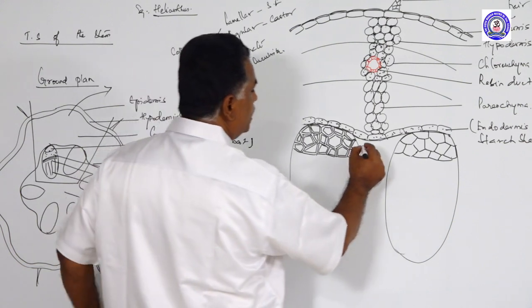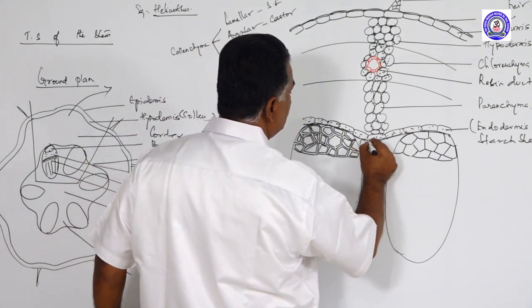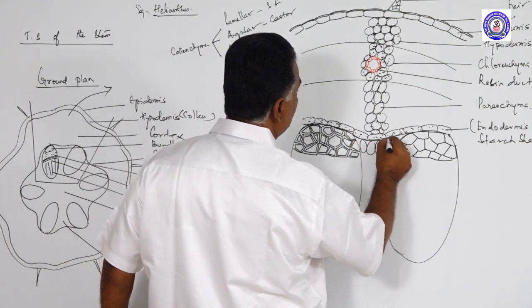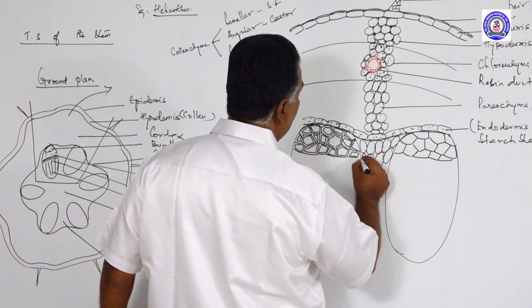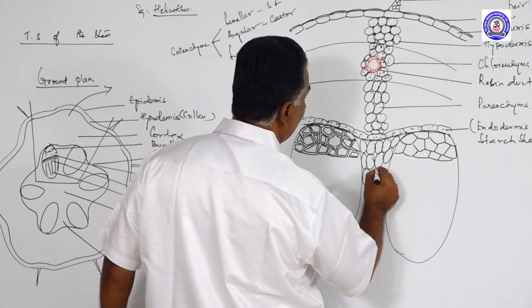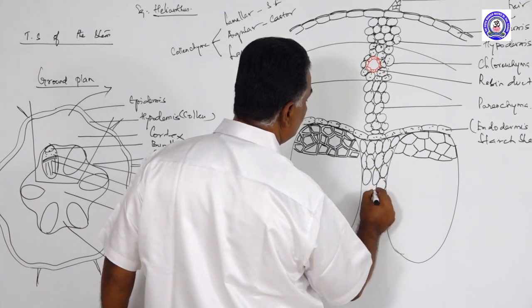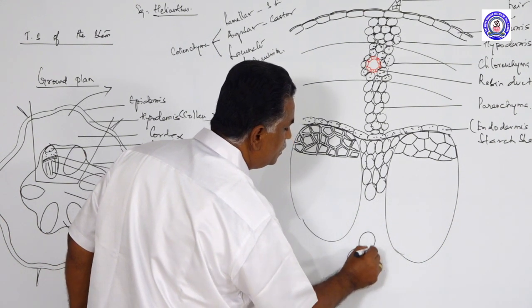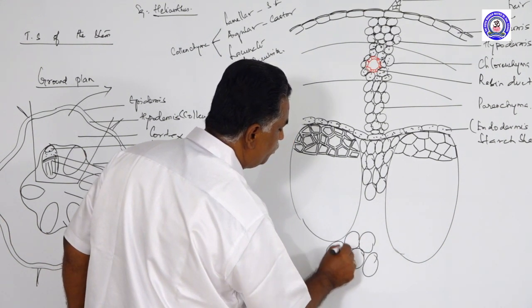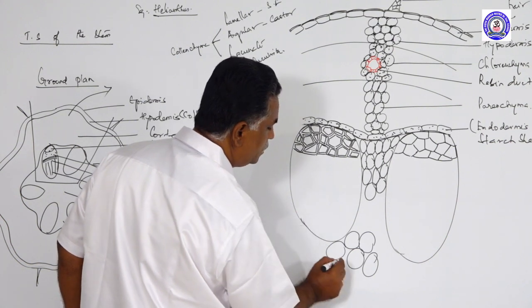Here are parenchymatous cells. These parenchymatous cells are the radial extension of the central pith. Here is the pith. The pith is made up of parenchyma cells.